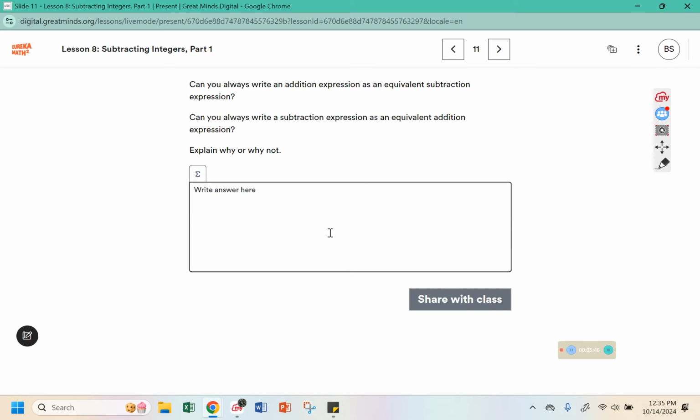Can you always write an addition expression as an equivalent subtraction expression? Yes. Can you always write a subtraction expression as an equivalent addition expression? Yes. Explain why or why not.